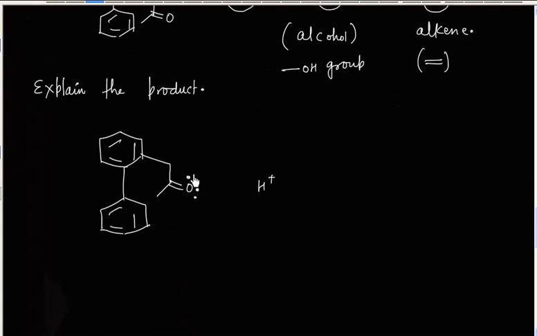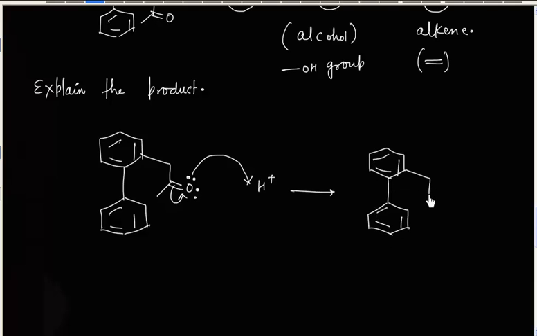Now this lone pair will act as a Lewis base, so it will take H plus. At the same time we can open this bond to generate an electrophile. So we will have this electrophile.